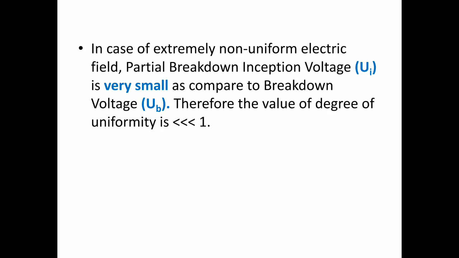In case of extremely non-uniform electric field, the value of partial breakdown inception voltage is very small as compared to the actual breakdown voltage, and because of that the value of degree of uniformity is very small as compared to 1. So these three things you should know. In case of uniform electric field, the value of eta is exactly equal to 1.